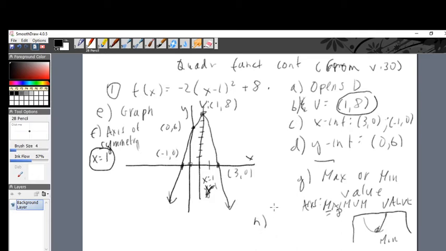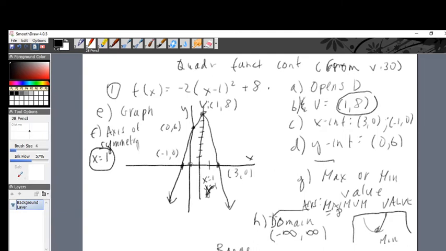And finally, the last question, H, the domain and the range. The domain is all the x values. It goes forever to the left and forever to the right, so it goes from negative infinity to positive infinity, because this keeps going, and this keeps going.